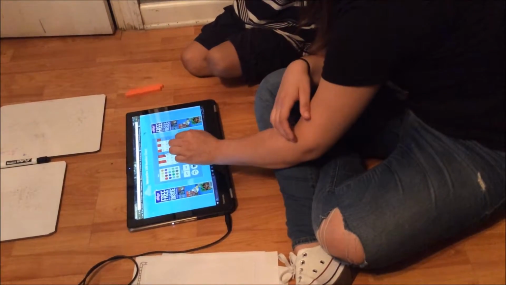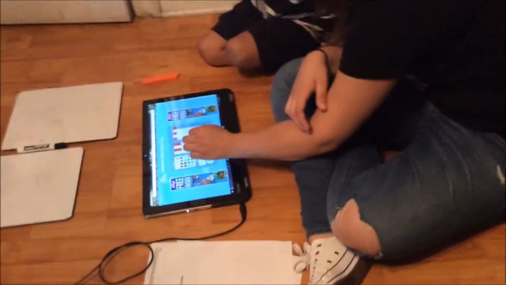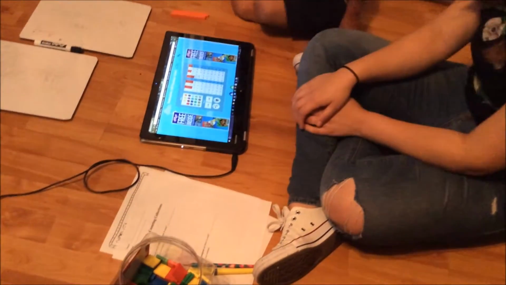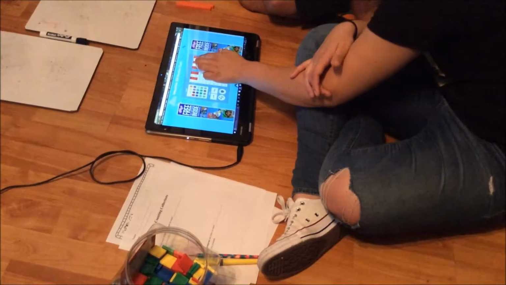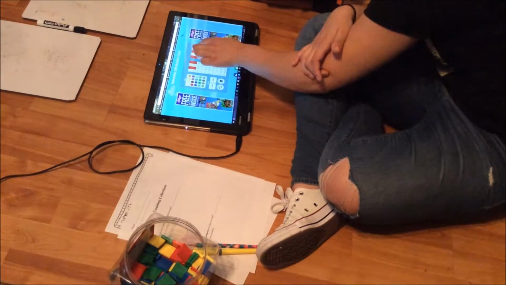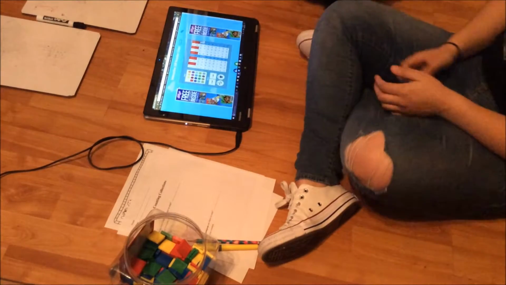We're skipping one, 14, skip a number, and then it's 16. Yeah. Skip 17. 18. 20. And that's counting by twos.